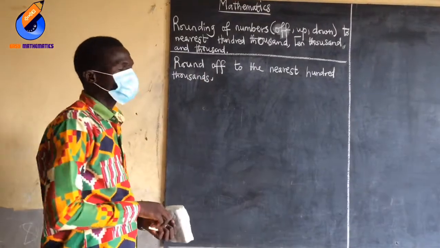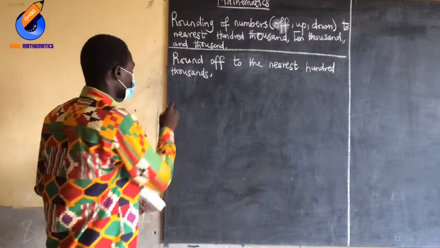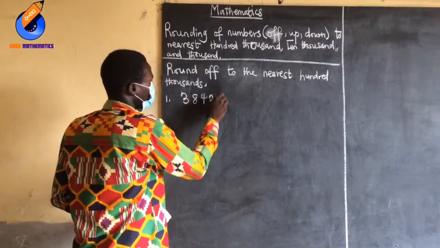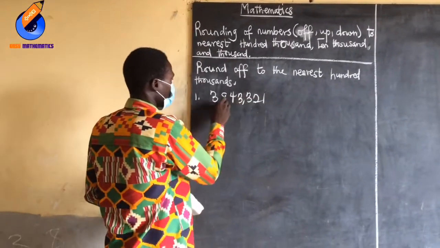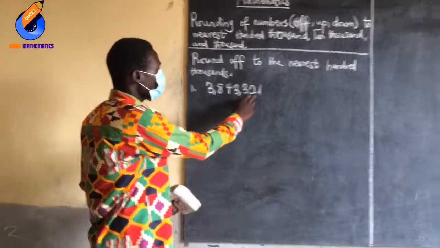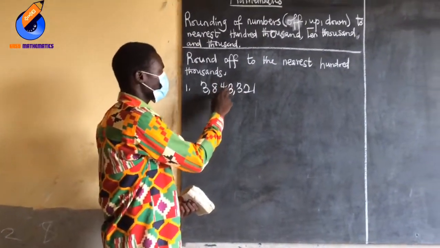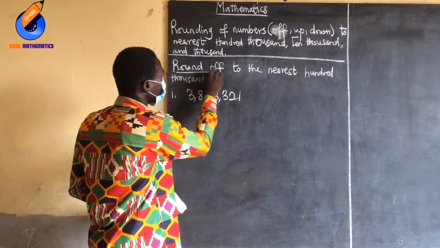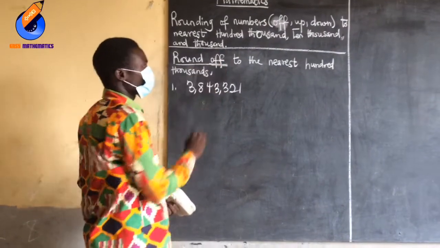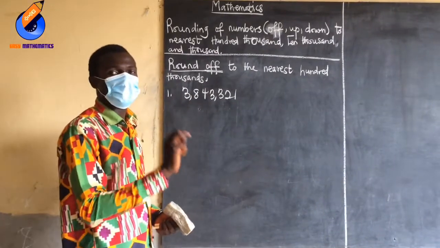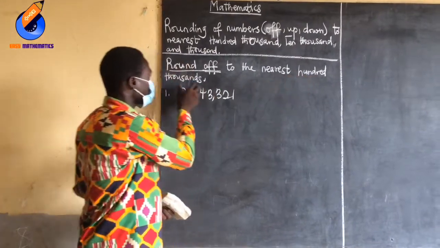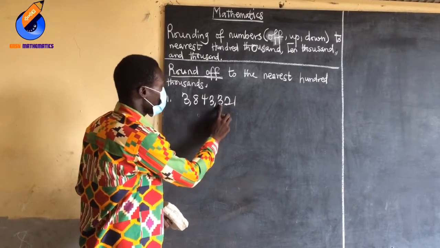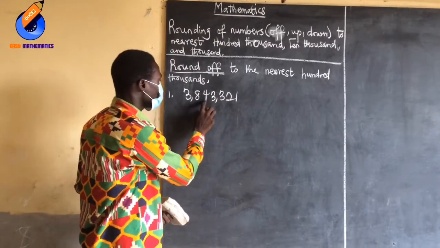When you are being asked to round off to the nearest hundred thousand, let's say you have 3,843,321. If you are to round off, first locate the number that is having the place value 100,000. So this is ones, tens, hundreds, thousands, 10,000, 100,000.